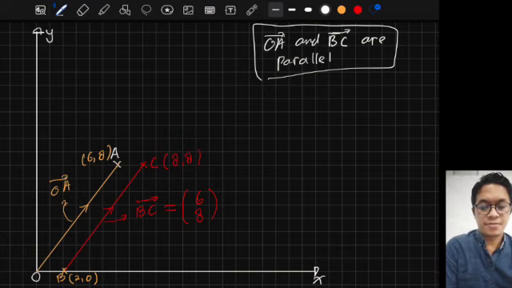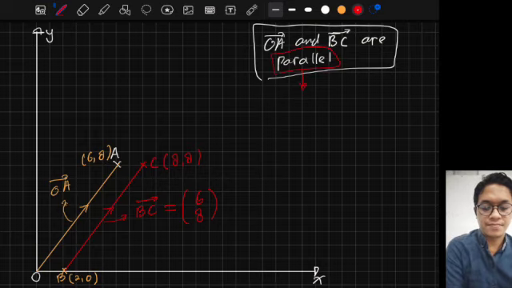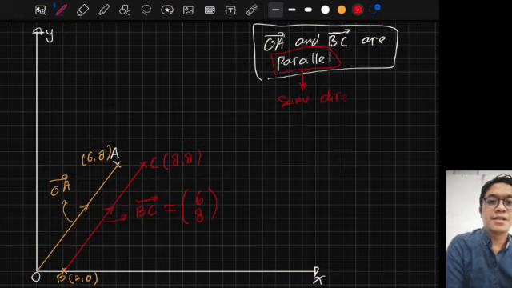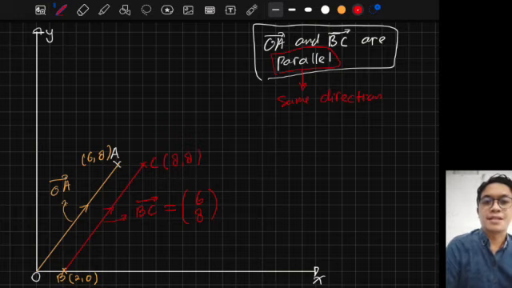What is a parallel vector? A parallel vector is a vector which has the same direction, regardless of the initial point and the length of the vector itself. As long as it has the same direction, you can say it's a parallel vector.